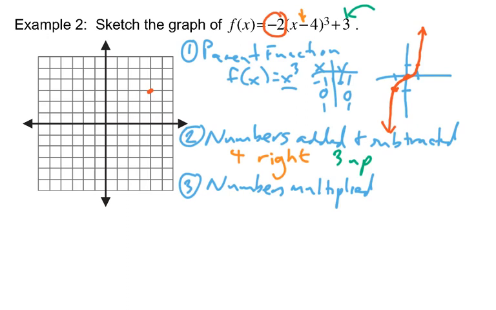A number multiplied outside of the function has something to do with vertical changes, much like a number added outside the function has something to do with vertical shifts. But this would be a vertical stretch. The 2 means that we are going to vertically stretch the graph by a factor of 2.